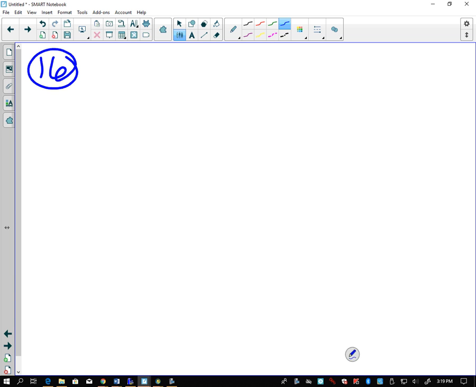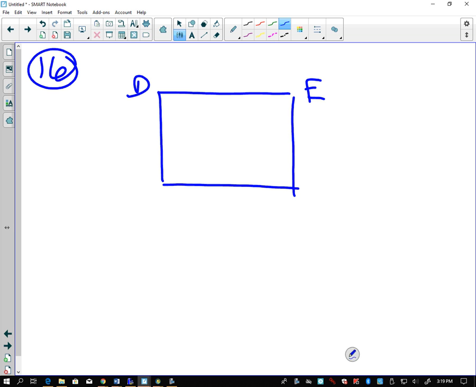And it's going to show you a rectangle. It looks something like this: D, E, F, G. We're going to have angle 1 and angle 2, something that looks like that.